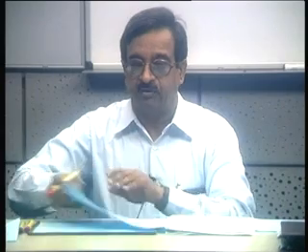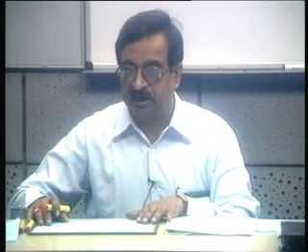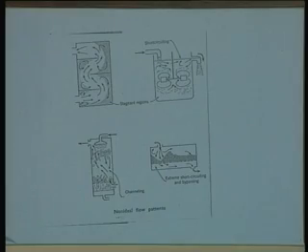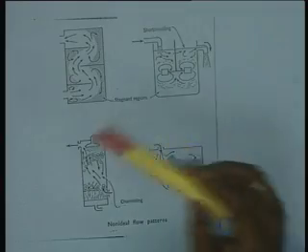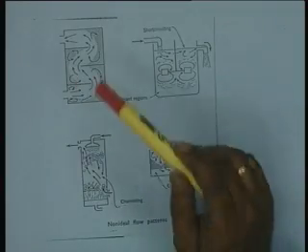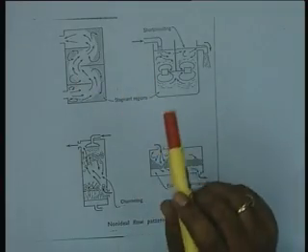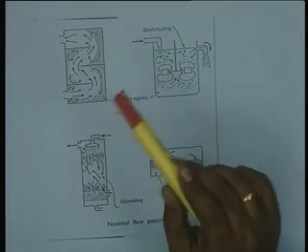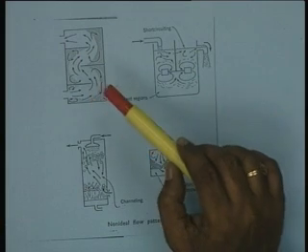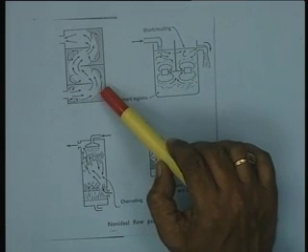Now, very often we must realize that the causes of deviation from ideality are essentially certain stagnant regions in the reactor. For example, if you consider a plug flow reactor which has been separated by certain horizontal trays just to allow proper mass transfer, there might be certain stagnant regions in the corners.